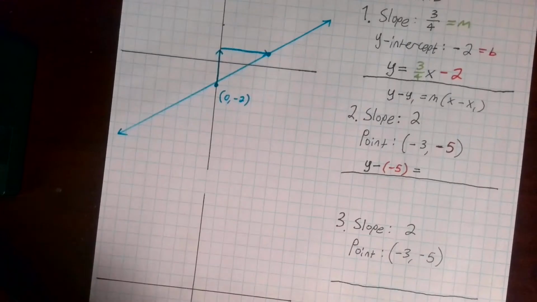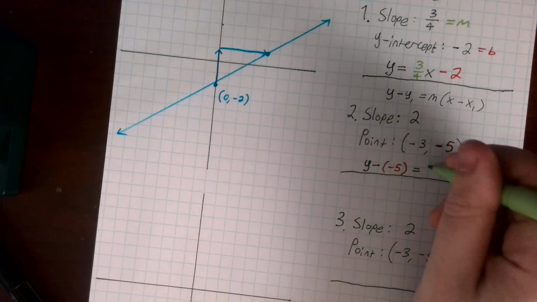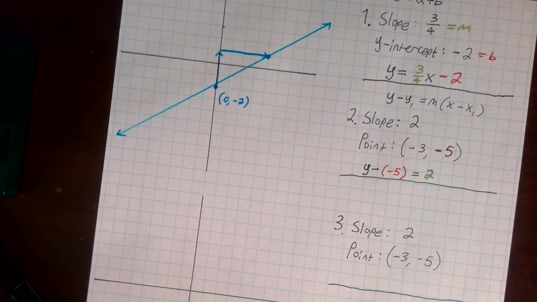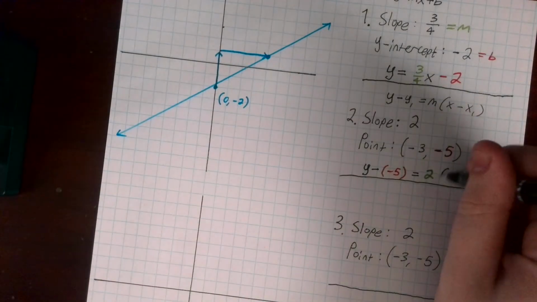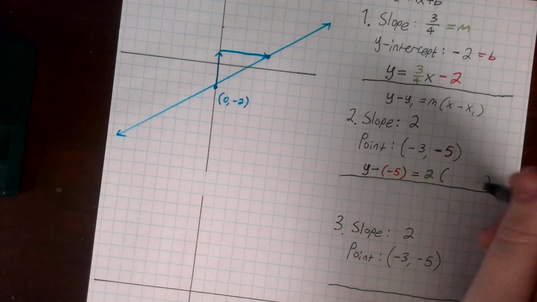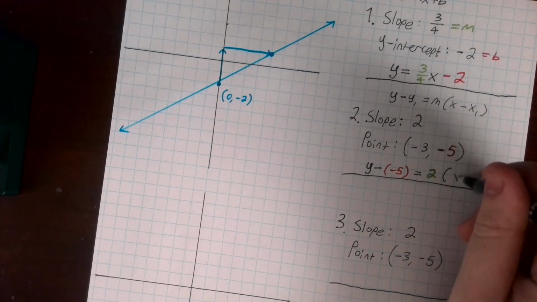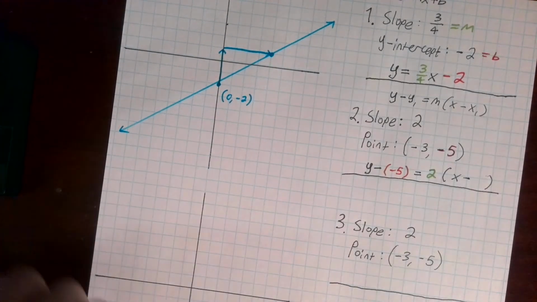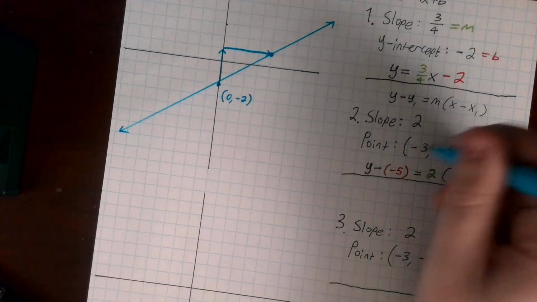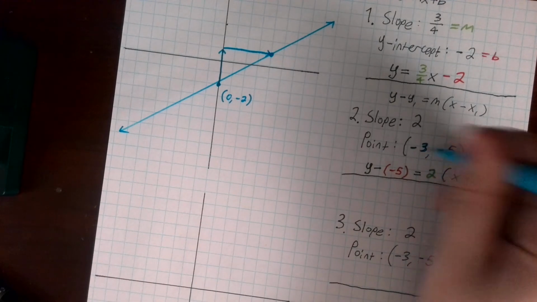Equals m. Well, m was our slope. That's just going to be the number 2 times x minus x1 is the x value of our point, which is -3.